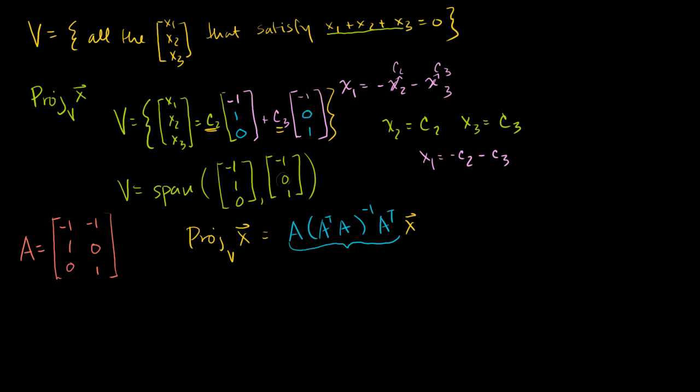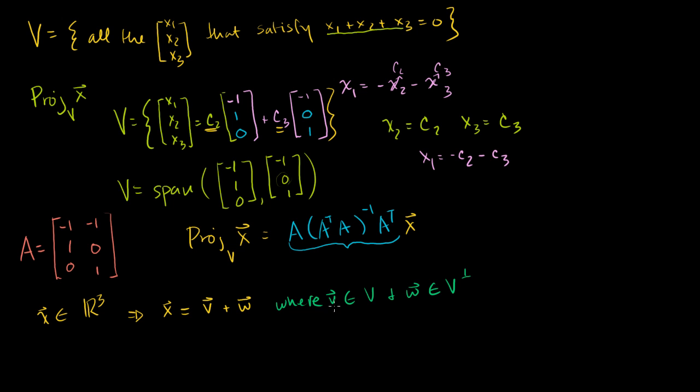Now, we know that if x is a member of R3, then x can be represented as a combination of some vector v that is in our subspace plus some vector w that is in the orthogonal complement to the subspace, where v is a member of our subspace and w is a member of the orthogonal complement of our subspace.